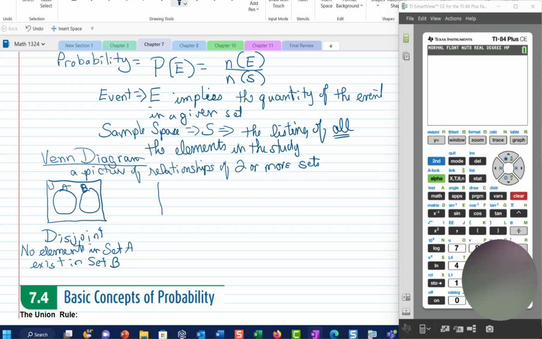Then we have this guy. And we notice here there is an area of similarity. And in this case, we have an overlapping.